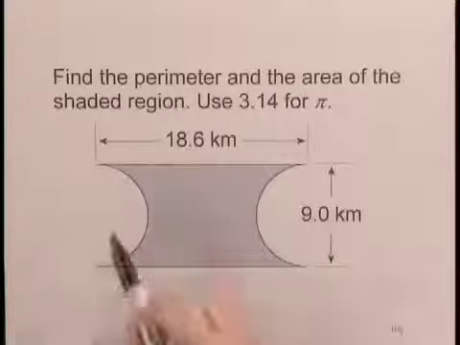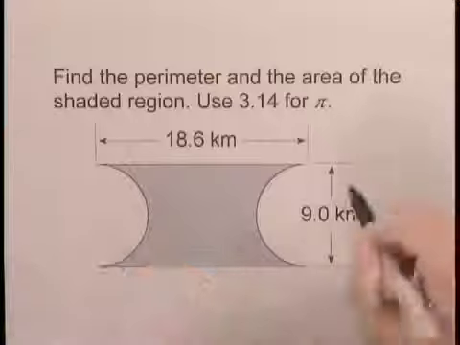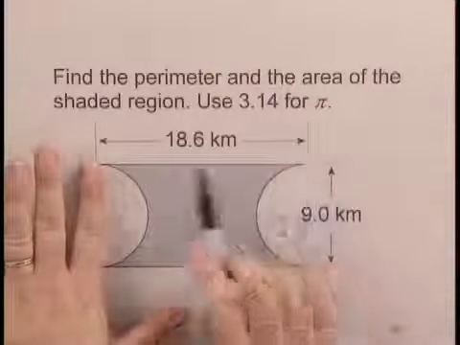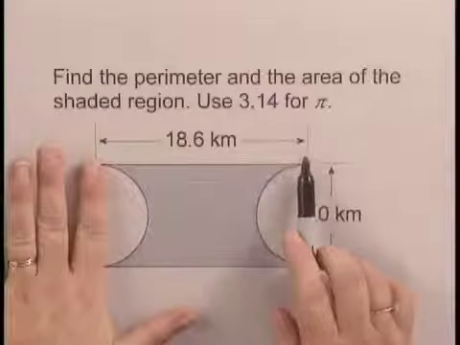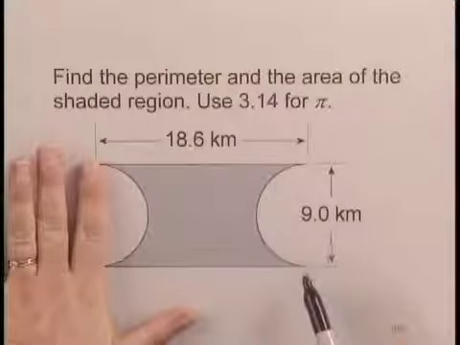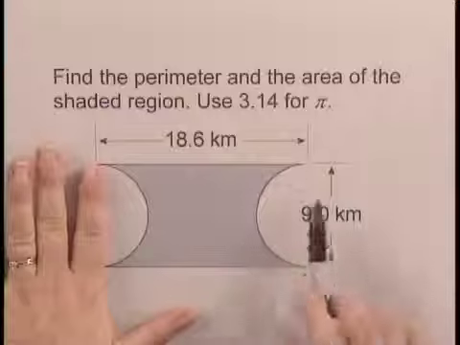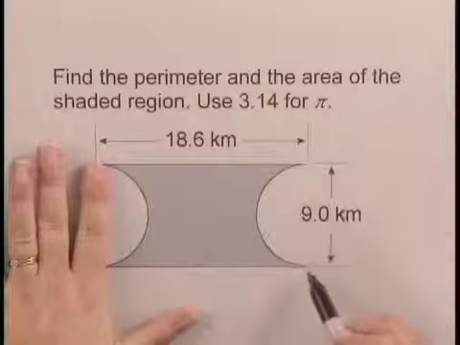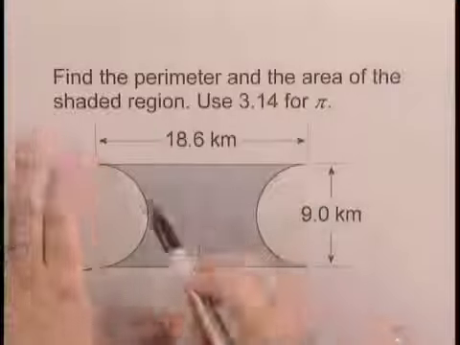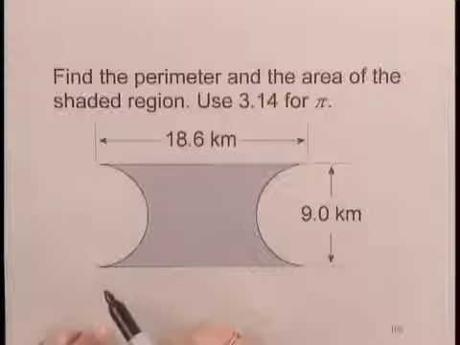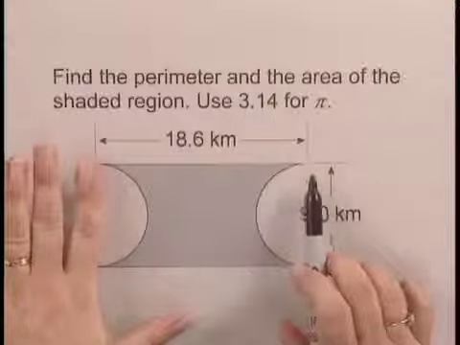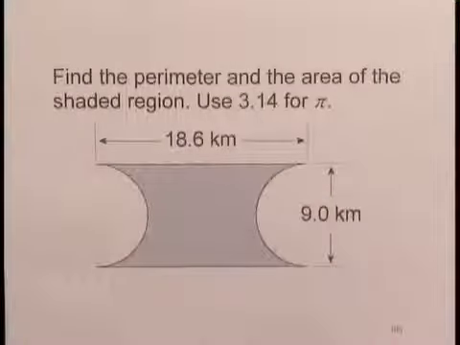And what I see, if I would close this off down here and down here, is a large rectangle with length of 18.6 kilometers and a width of 9.0 kilometers. Out of that large rectangle is cut half a circle on the right and half a circle on the left. Combined together, I have one large rectangle with one entire circle cut out.